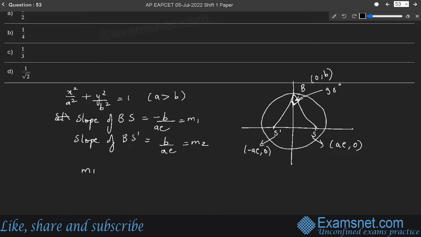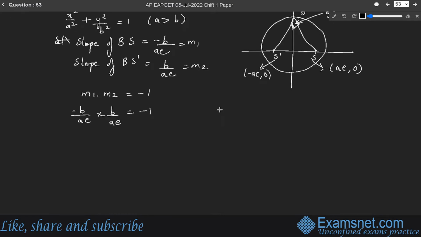So we can say that m1 into m2 is equal to minus 1, which is minus b upon AE into b upon AE is equal to minus 1. On further solving, it will be minus of b square is equal to minus a square into e square. Minus and minus will be cancelled. So it will be b square is equal to a square into e square.